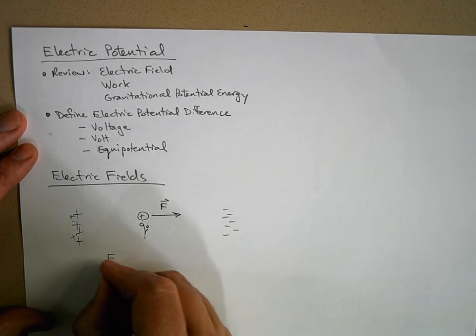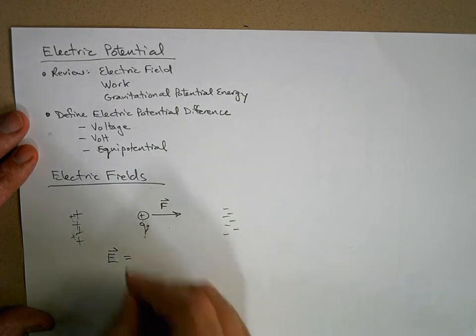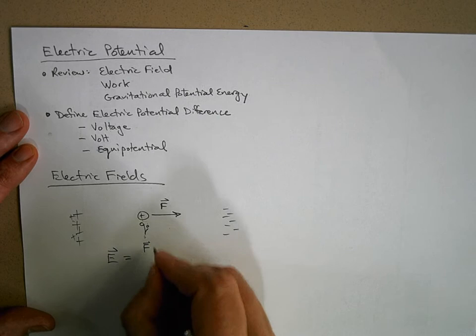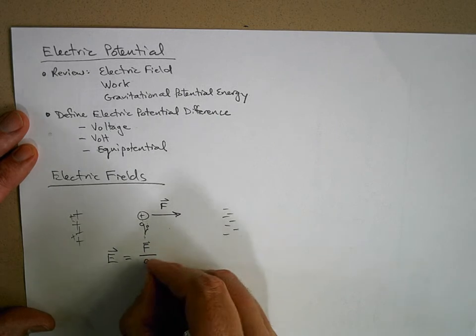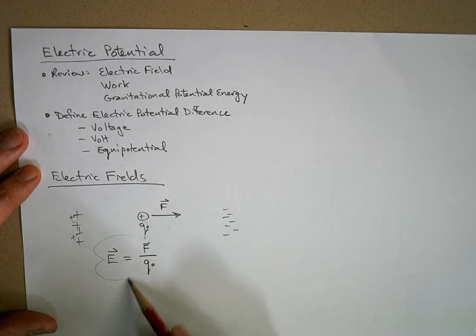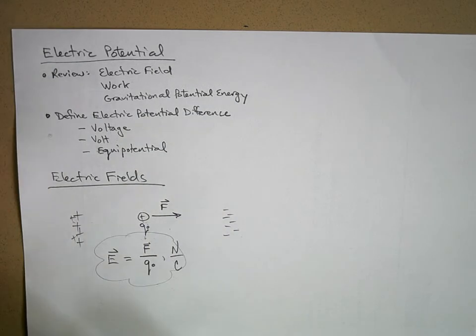So we say the electric field, and we use the capital letter E, by definition is equal to the electric force that's felt divided by this charge right here, divided by Q0. And so this was the definition of electric field, and of course it had units of newtons per coulomb.